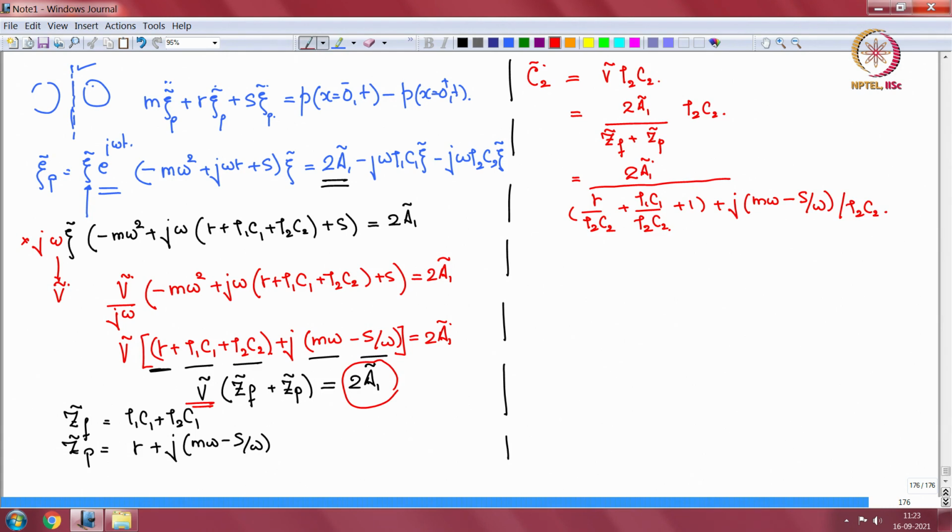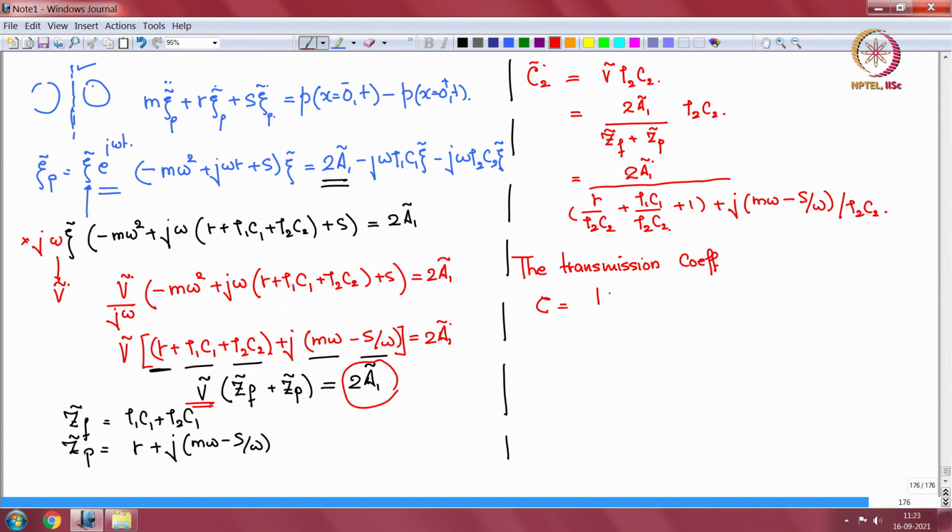So now the transmission coefficient, tau, is given by the ratio of transmitted and incident intensities.